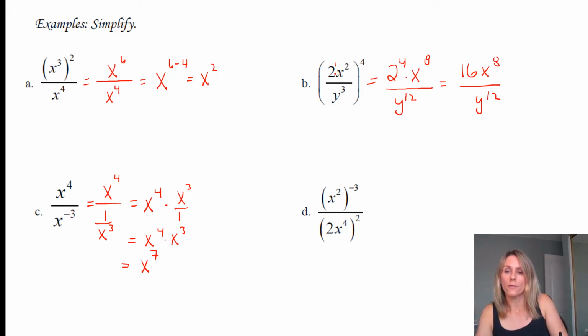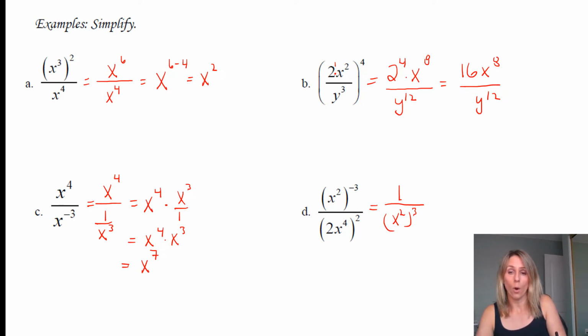Okay, for the next one, to make my life as easy as possible, which we're all trying to do, I would take the reciprocal of the numerator. Notice it's to the negative 3, so I would rewrite that as 1 over x squared, cubed.